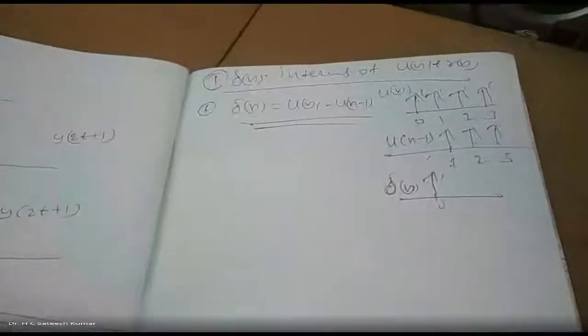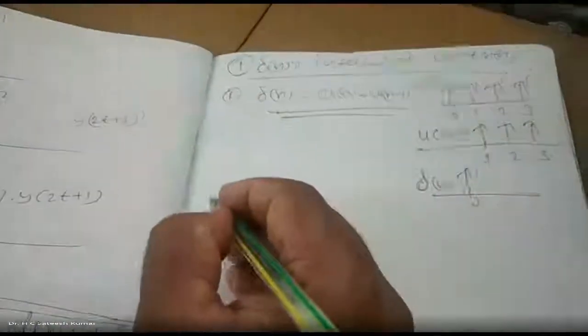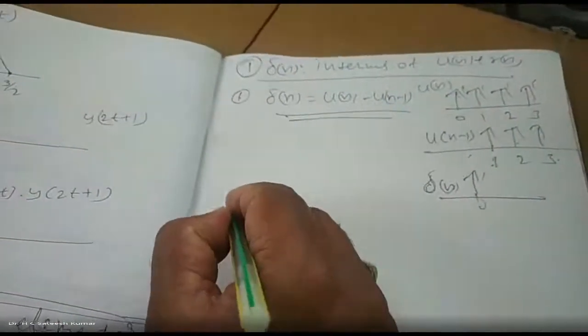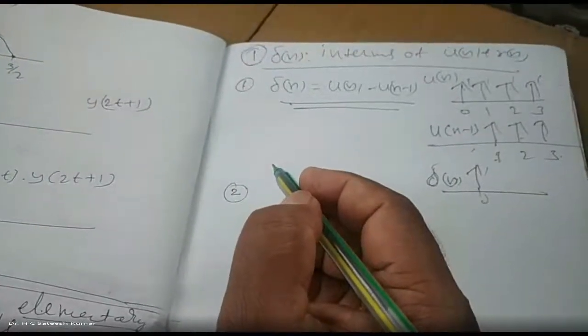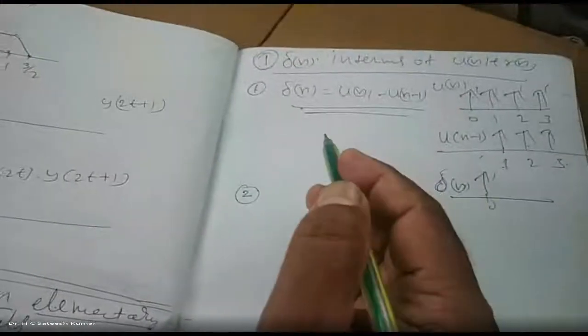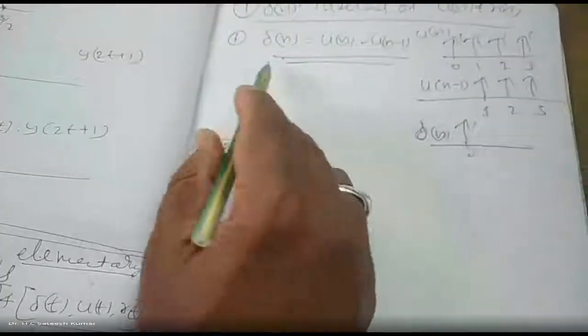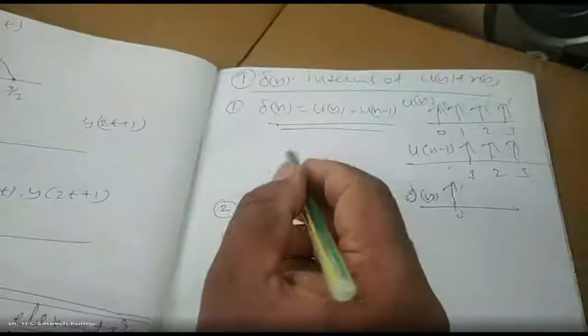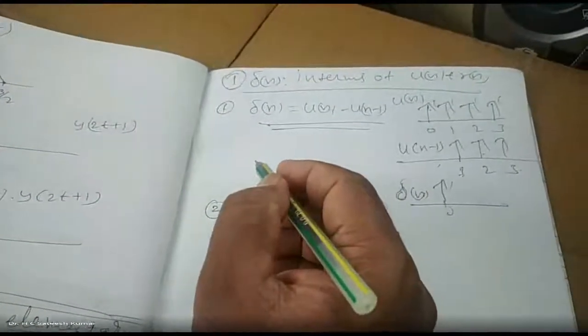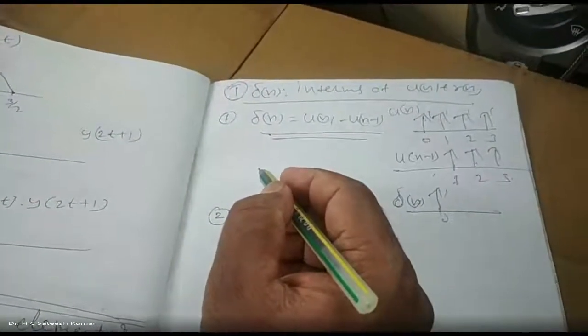Okay. Next, second one. Delta of n in terms of r of n. How to do it?